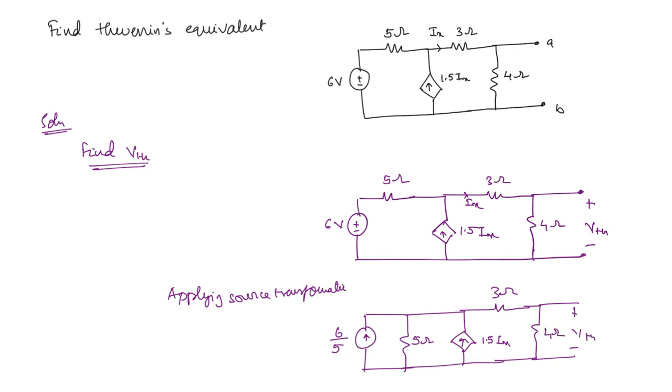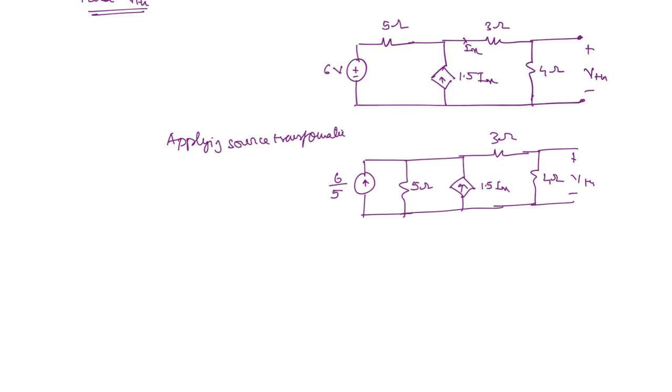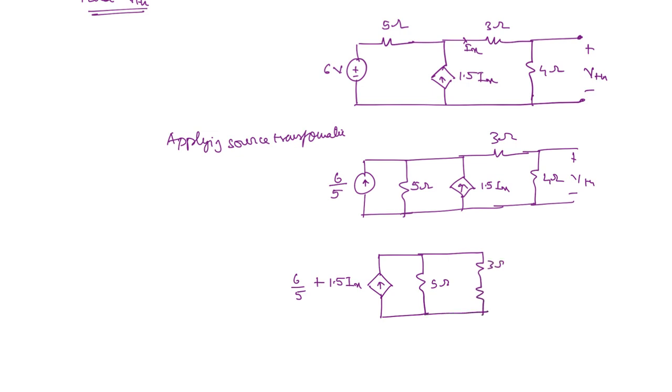Now these two current sources you can add, right? So here you're going to get a resultant dependent source, because 6 by 5 plus 1.5 Ix, right? And here you have the 5 ohm resistor and 3 ohm and 4 ohm, right? Now what is VTH? It is across this 4 ohm resistor.